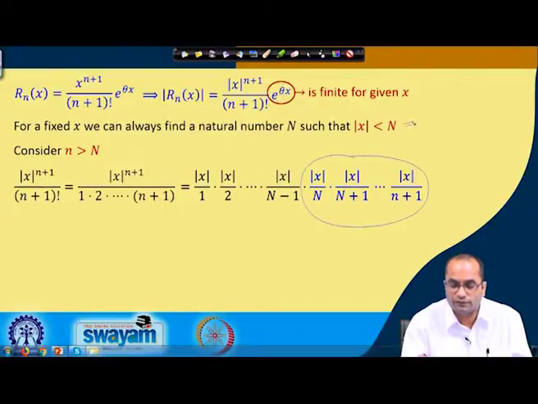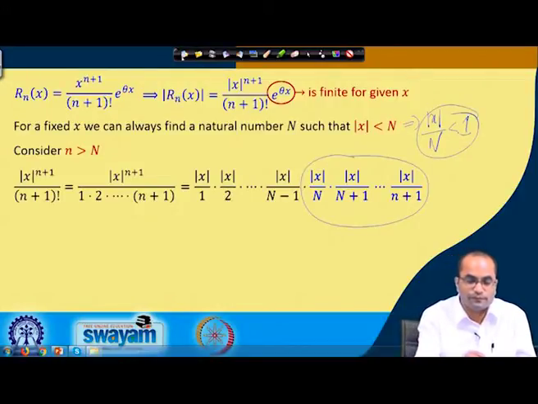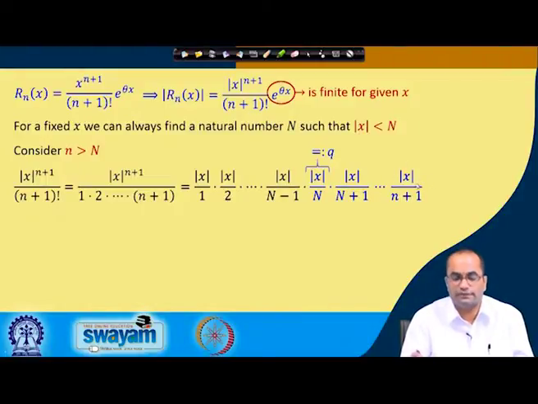So, out of this expression, what we see is that the absolute value of x divided by this N is less than 1. Now, if we assume this as a number q, so we have a q here, and this is in fact divided by N plus 1. So, this is less than q, and all other terms here are less than q.